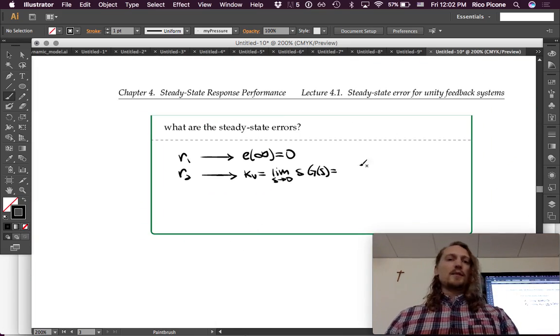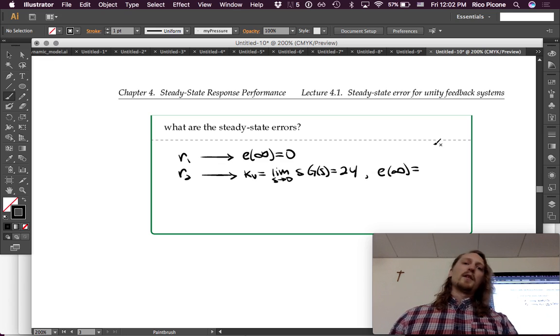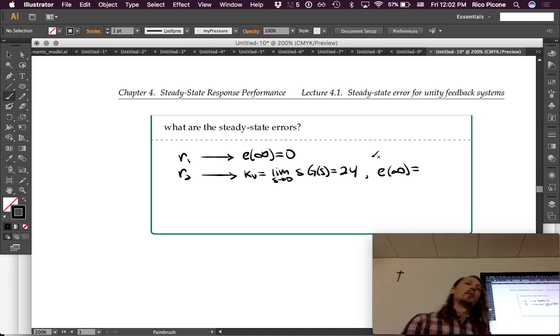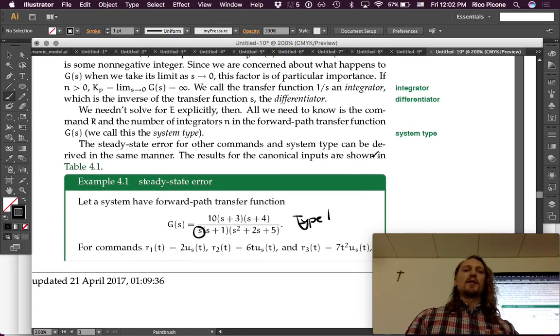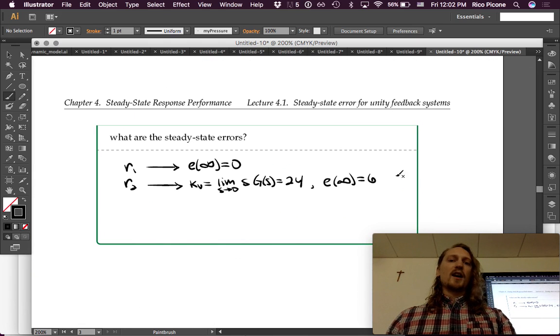So kV is equal to 24, which gives us a steady state error. Here is such a common mistake that will happen: you will forget that we're scaling this input. It's not just a unit ramp, it's 6 times the unit ramp, so we have to scale this output as well. So it's going to be 6 times 1 over kV, which is 1 over 24, so that's equal to 1/4.